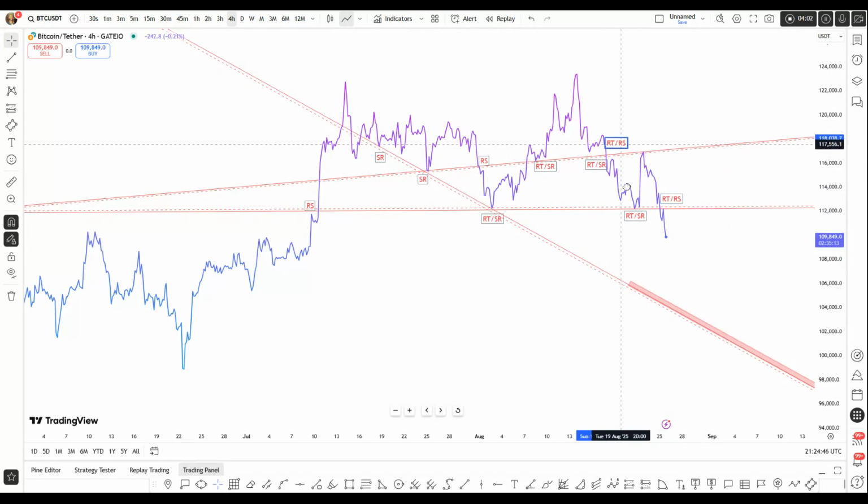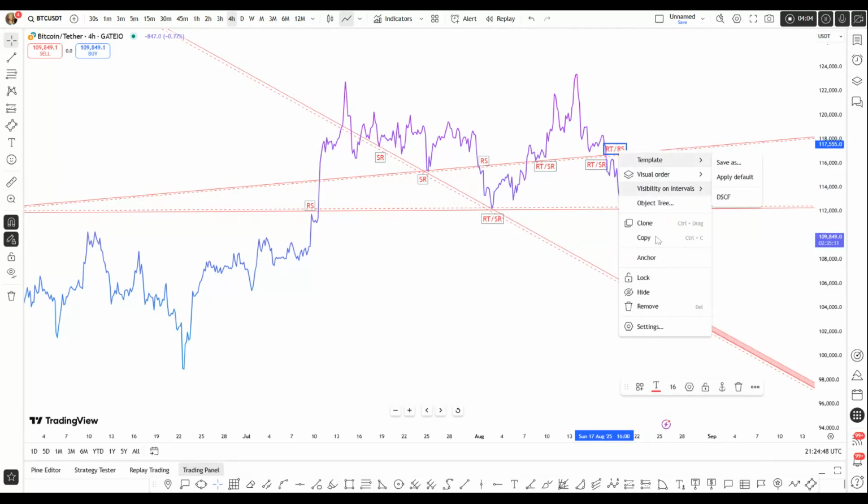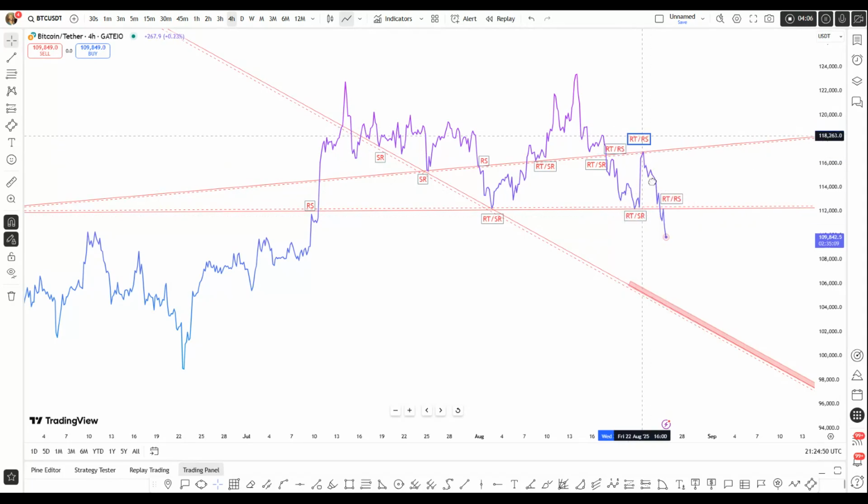Now resistance becomes support on breakout structure 1 and another one. So we have 2 under, 2 on top: 2 RTSR, 2 RTSR, and you can see it there. And RTROS, RTROS, and the market has dropped.